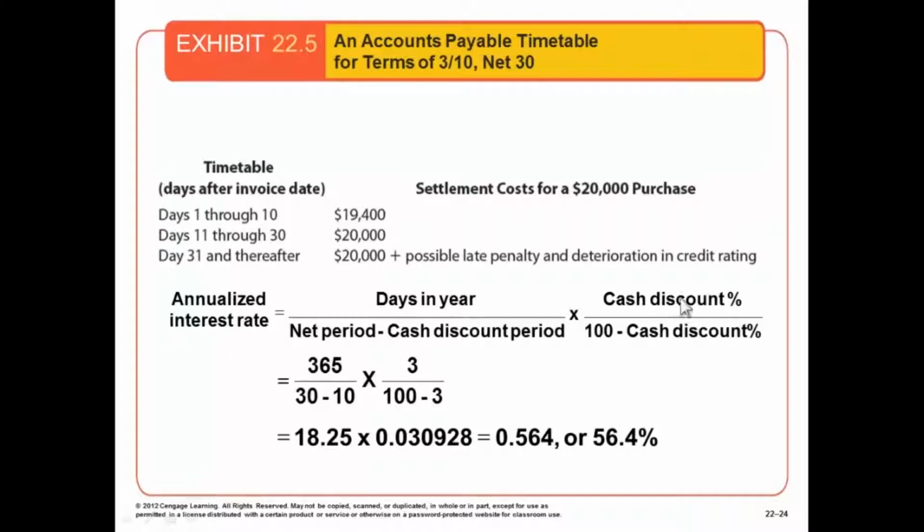If I go through the calculations here, I discover that I basically am earning 56.4% on that money. In other words, I'm saving myself 56.4%, or I'm earning that much on that investment. That $600 is a little investment I'm giving myself. That is significant, 56.4%. So what's the bottom line? Take advantage of every discount that you can. To do that, though, you've got to manage your cash wisely and have cash on hand to be able to do that.